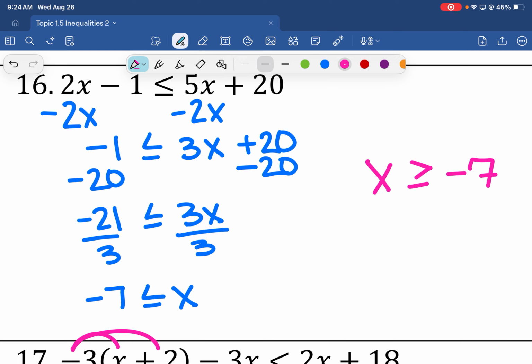And the reason I tell you both of those is because if I would have moved the 5 to the other side instead of moving the -2, I would have got this. So you just have to make sure you watch your inequality signs. That's the big thing that you got to watch out for.